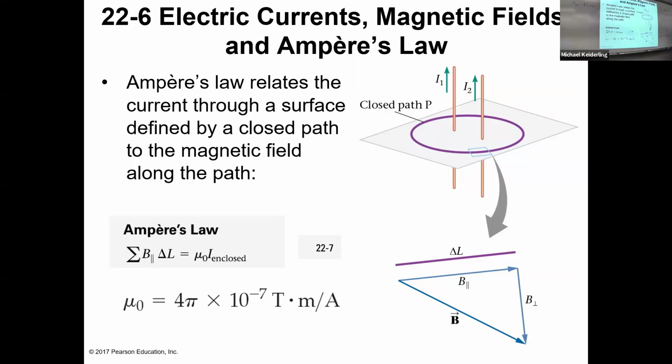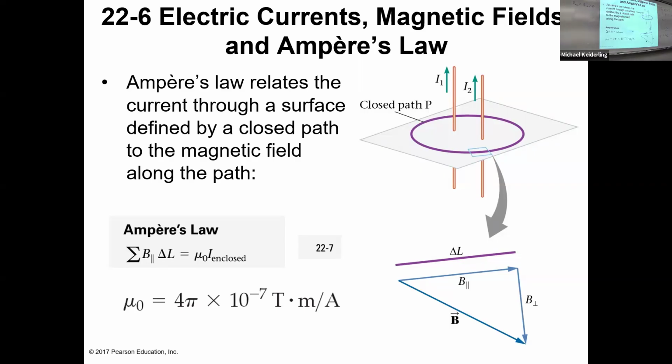And mu naught is 4 pi times 10 to the minus 7 Tesla meter per amp. And that's an exact value.